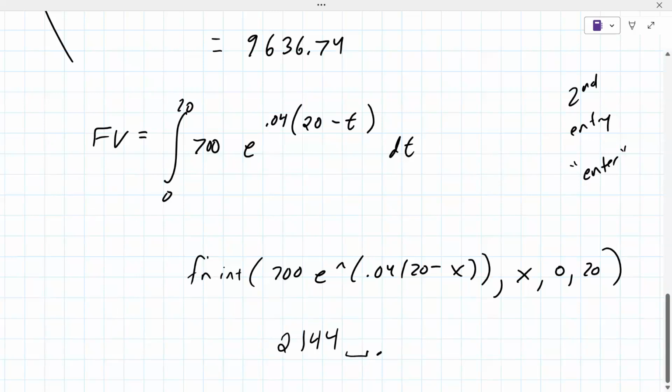Mine said error argument. Probably some parentheses missing or something. 0.04 divided by 20 minus x, two parentheses, comma, 0, 20. Yeah, I don't know what it was. Syntax. Oh, okay. I don't know why it's not working.